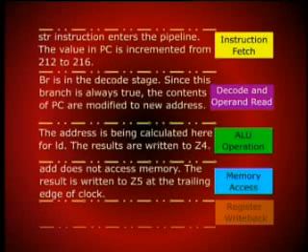It's a store instruction. The branch instruction has moved to the second stage, and in the third stage, the ALU, the address is being calculated for load, and the results are written into Z4.